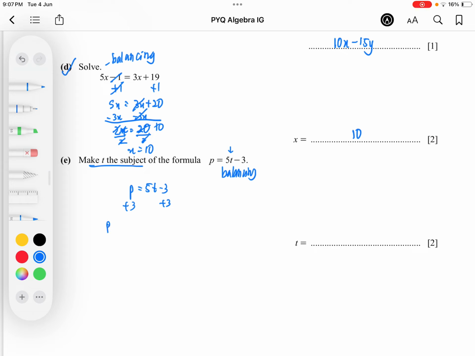So that means on the left side P plus 3 and on the right side minus 3 plus 3 equals 0. Left with 5T. See, we're one step closer. And then what do you do? You divide the whole thing by 5. 5 and 5 cancel out. So the right hand side is T. The left hand side is P plus 3 over 5. And you have T as the subject. That means P plus 3 is over 5. Okay, that's it.